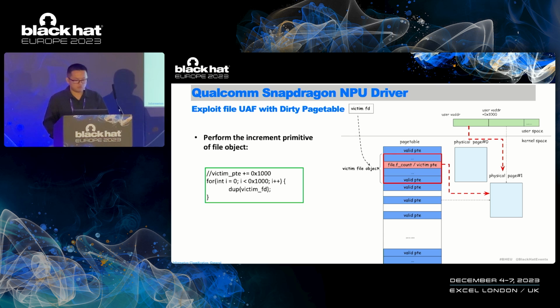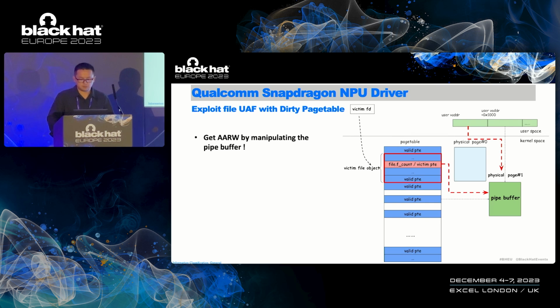This can be powerful because we can manage to read or write another physical page which is inaccessible before through the user virtual address. So what if the physical page happens to be the one which pipe buffer lies in? Yes, we just controlled the pipe buffer. By manipulating the content of the pipe buffer, we can get arbitrary address read-writing easily.